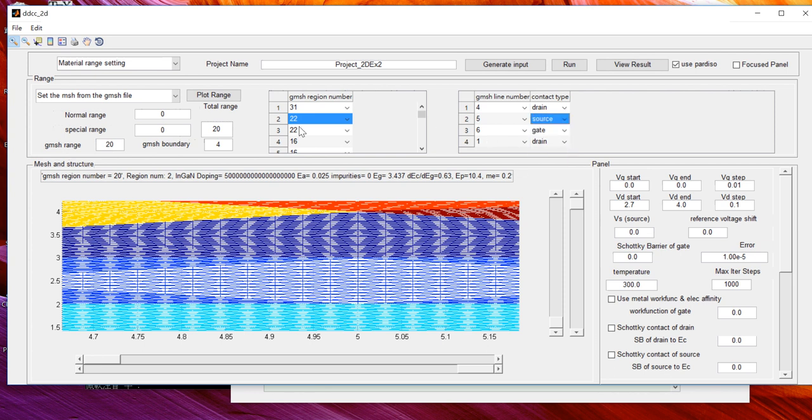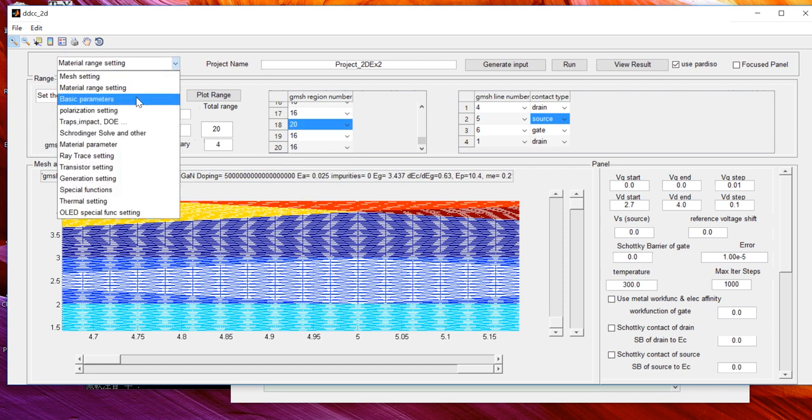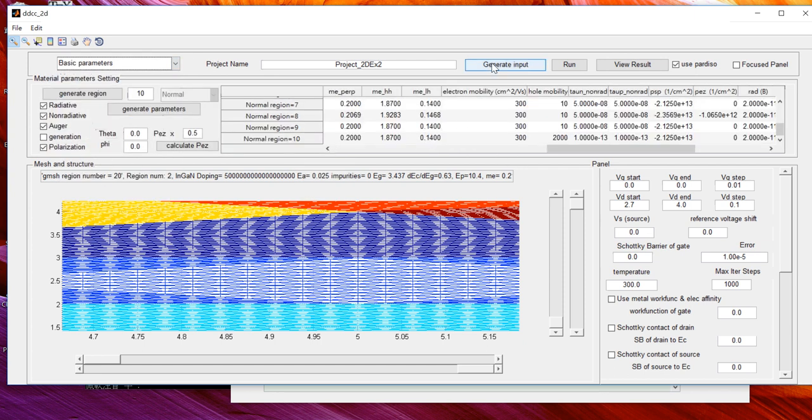Okay, so with everything set, the third part is the same. Actually this is a repeat, it's not good, you need to assign each by yourself. And then basic parameters, you can just depend on 20 regions.